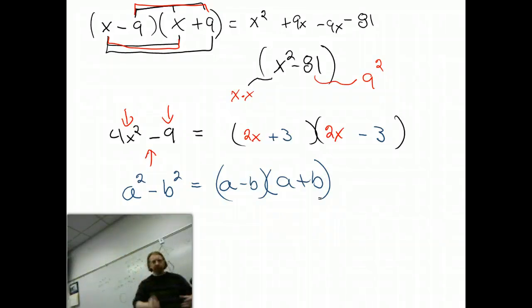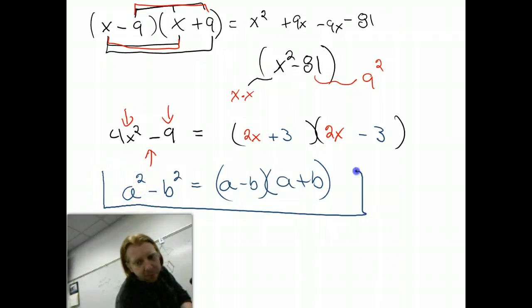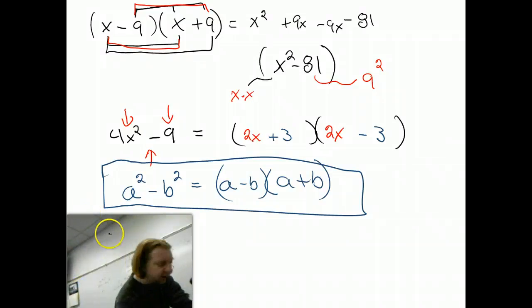Yeah, that's the rule that we usually put in the textbook and say, guys, memorize this rule. Because a and b can be any quantity. You usually will see it first off with things like 4x squared minus 9 or other obvious perfect squares, but it can vary a bit. I'll do one more on this page before we go to the next. Show you another one like that.